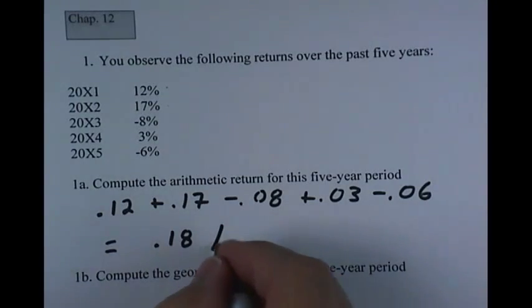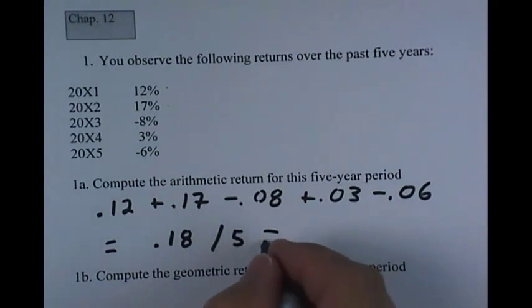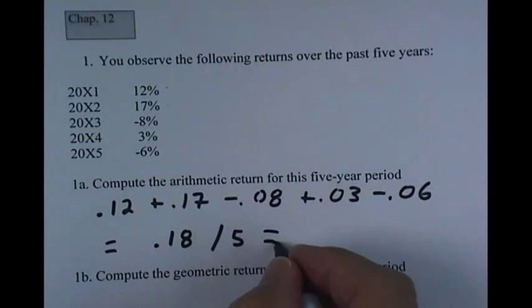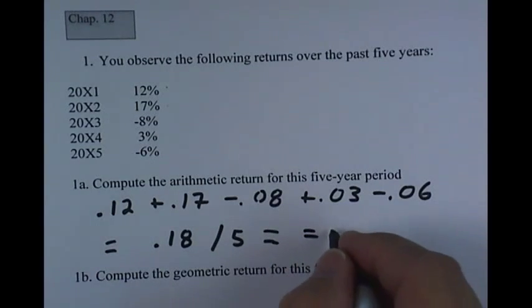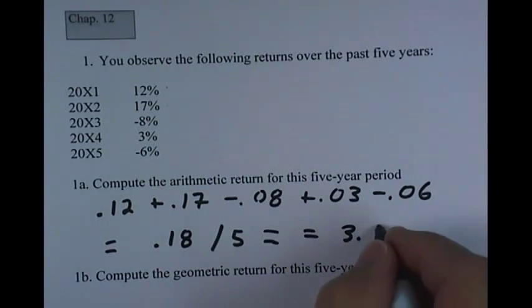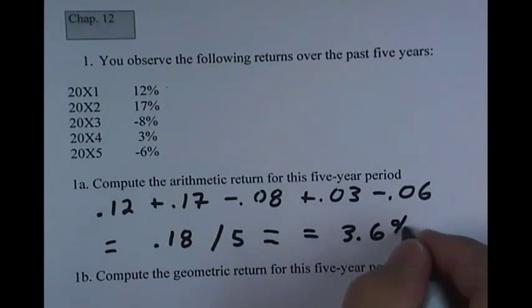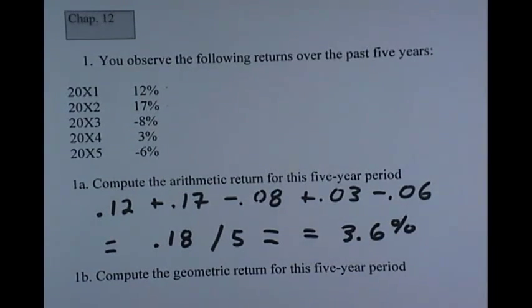I divide that by the 5-year period of time over which those returns occurred, and I get a 3.6% arithmetic return for the 5-year period of time.